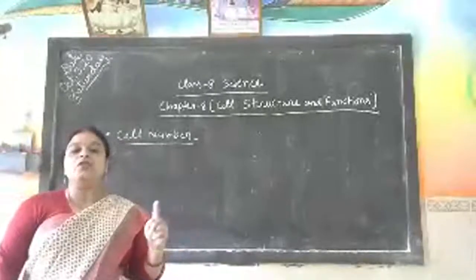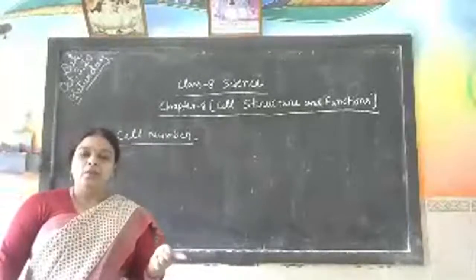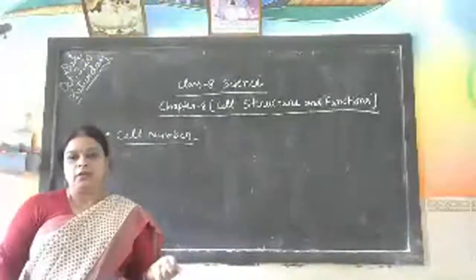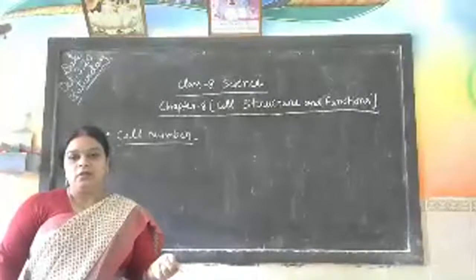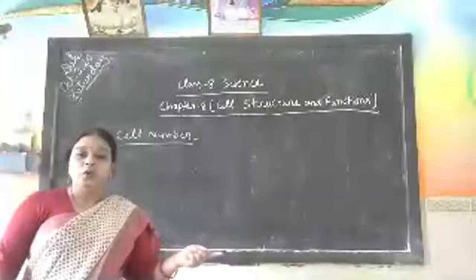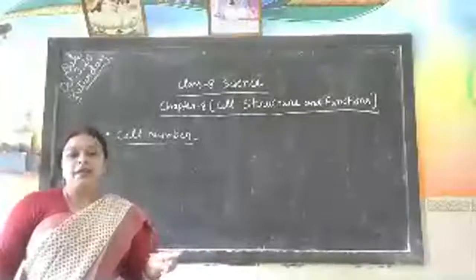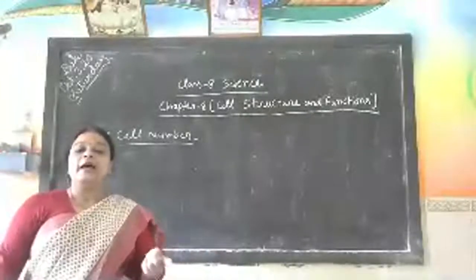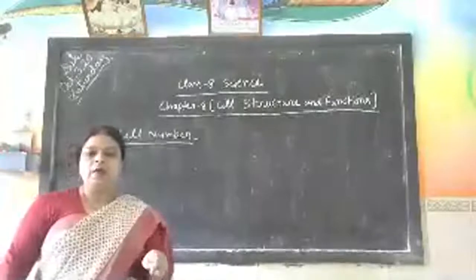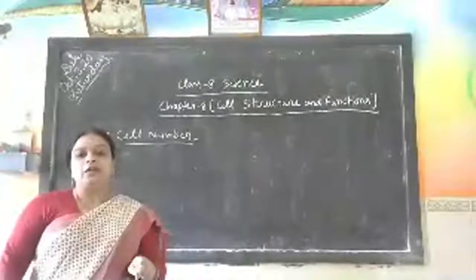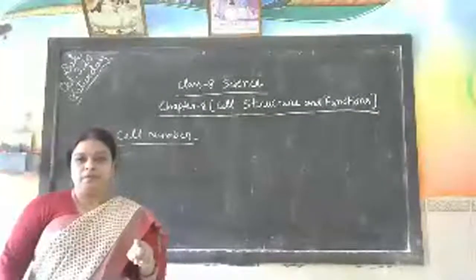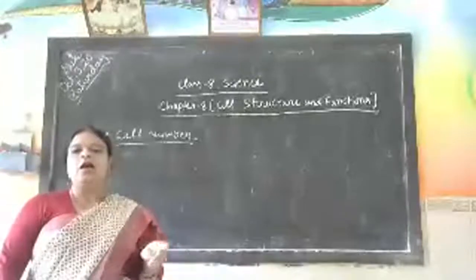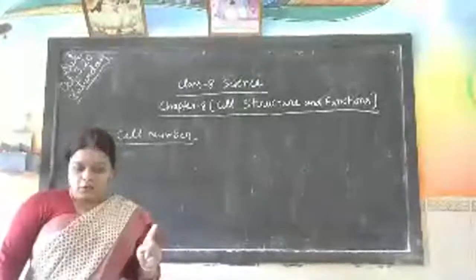Such organisms which have many cells, as human beings, as any animal, lion, tiger, cow. These are multicellular animals. And unicellular as amoeba. Amoeba, paramecium, euglena. These are unicellular organisms.